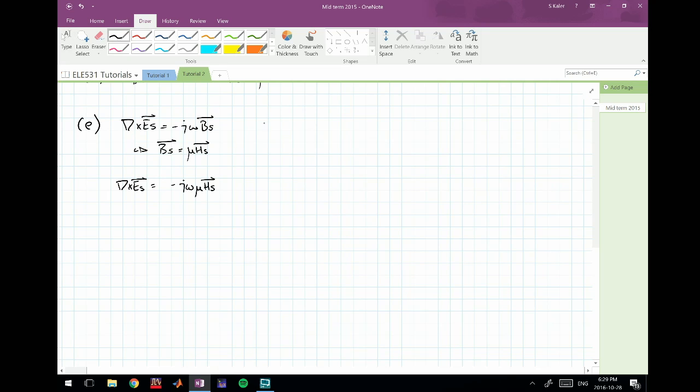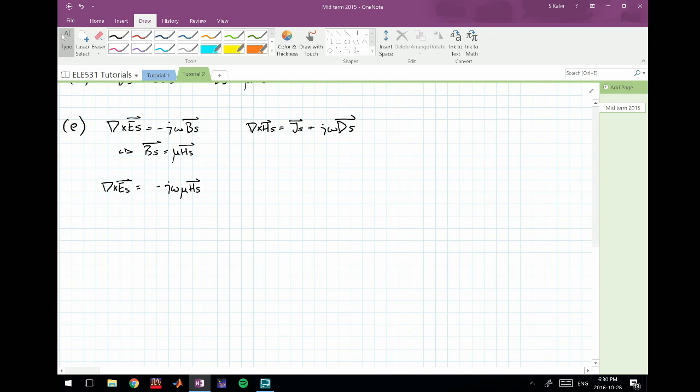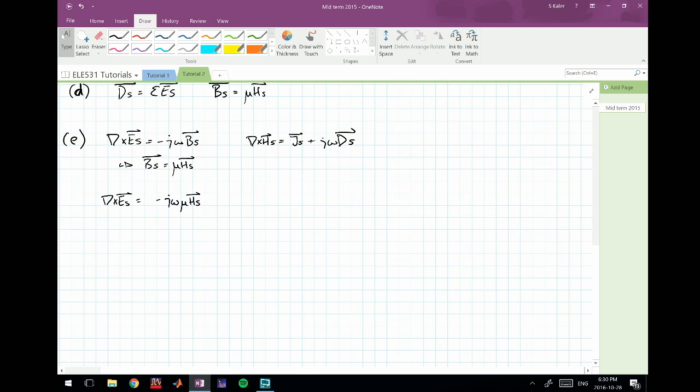So we do the same thing for Ampere's law. We come here and we get JS plus j omega DS, and essentially we're going to plug in D equals epsilon E into DS. I'm guessing what he's going to set up in the next question is to derive the wave equation, because this is what we usually do when deriving the wave equations.